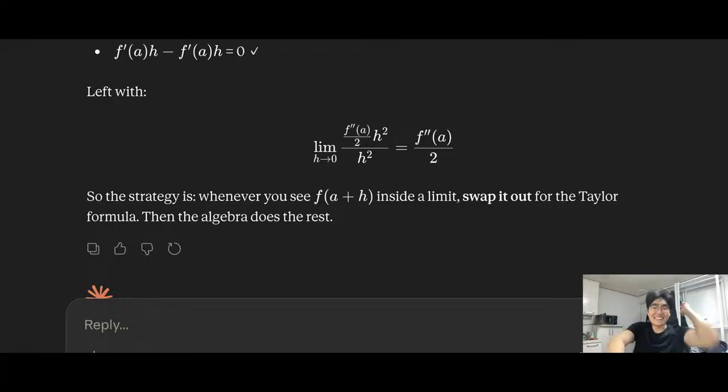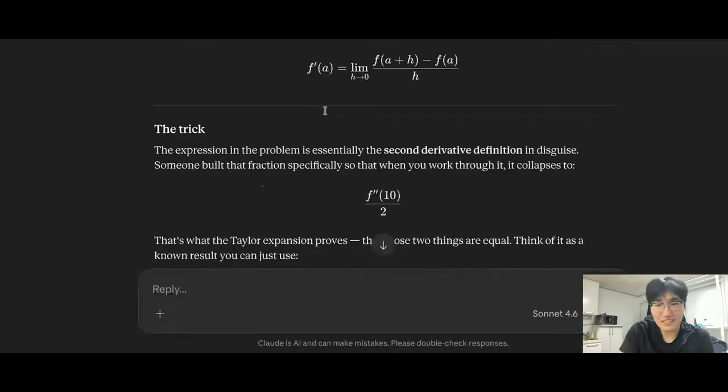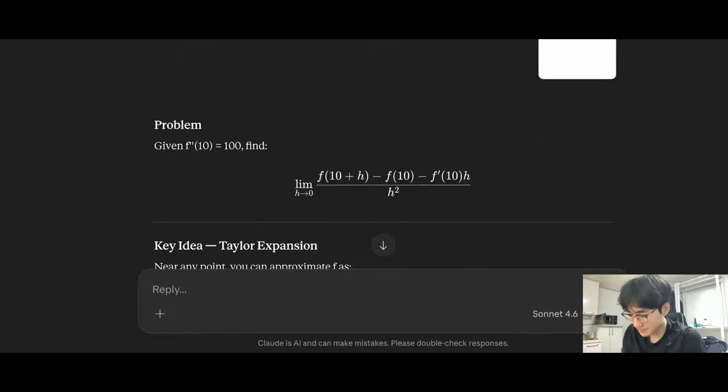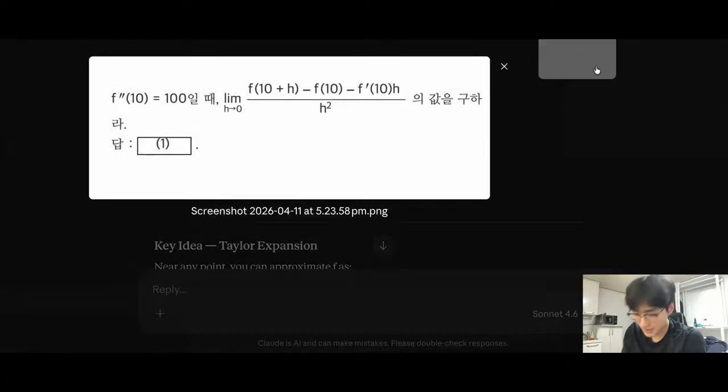Bro, I get it now. I get it now. So basically we have this. So in here, h goes to 0, and we have some stuff going on here, minus f(10) minus f prime 10 h.